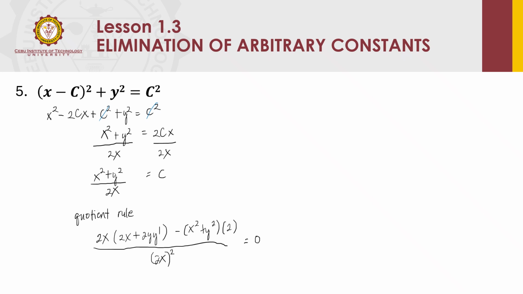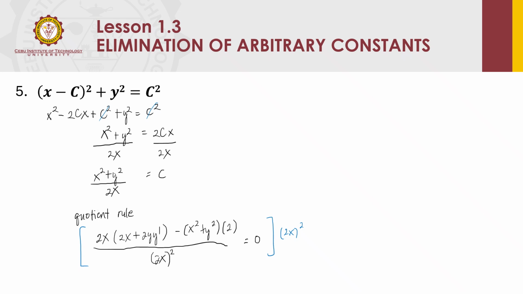If we multiply everything by 4x squared, we have only these on the numerator.